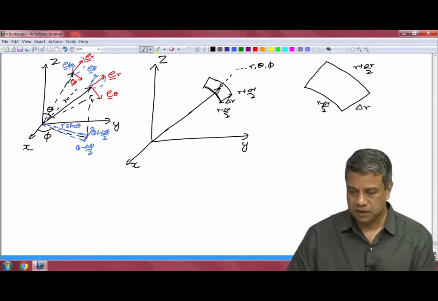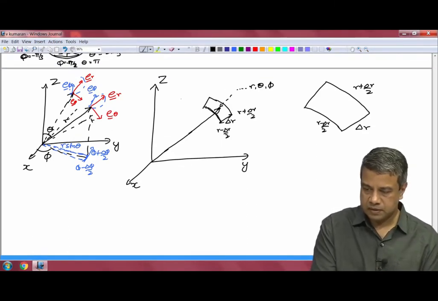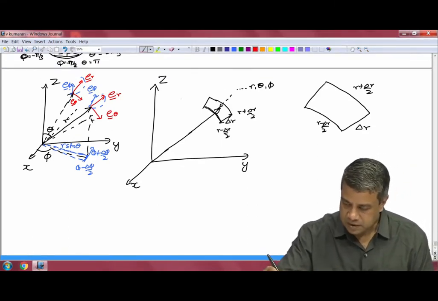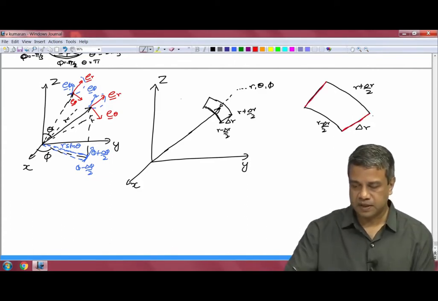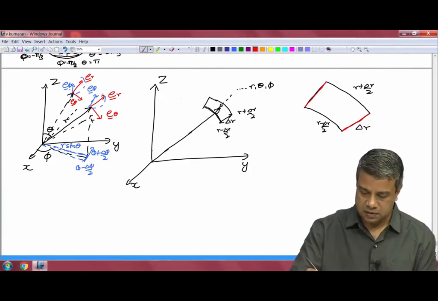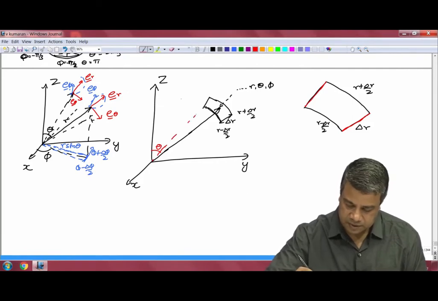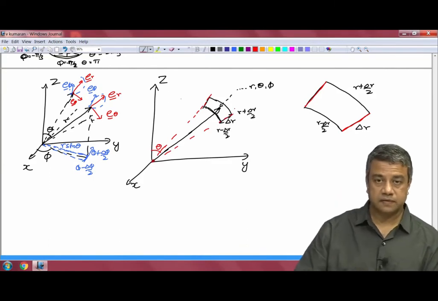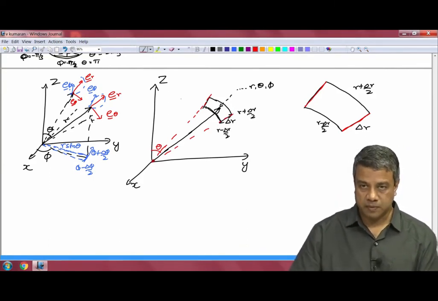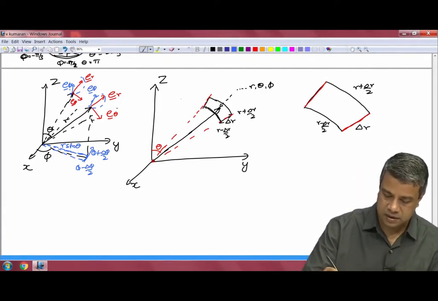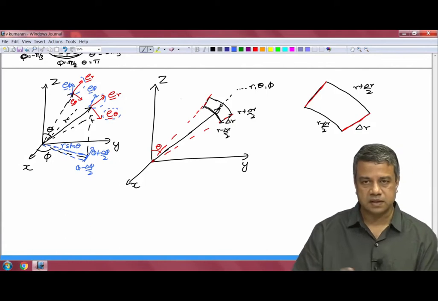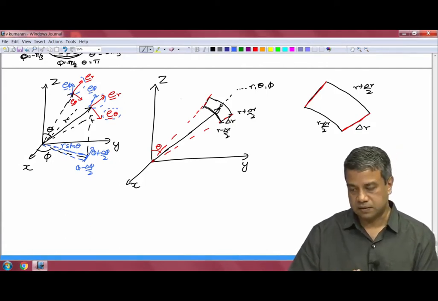There are two surfaces that are perpendicular to the theta direction, and that is this surface and this surface. So, if this angle is theta, then I have two surfaces, this one and this one, which are surfaces of constant theta, perpendicular to the direction of e_theta, here two surfaces that are perpendicular to e_theta.